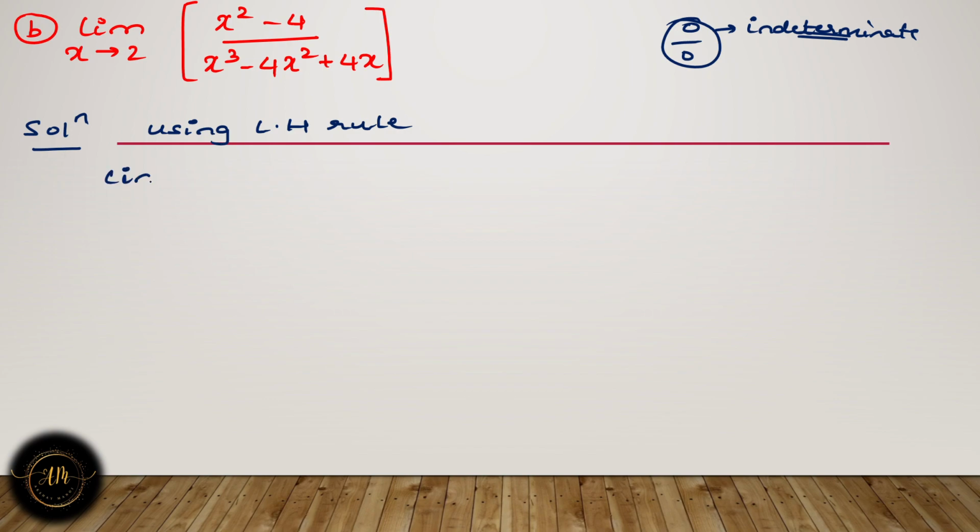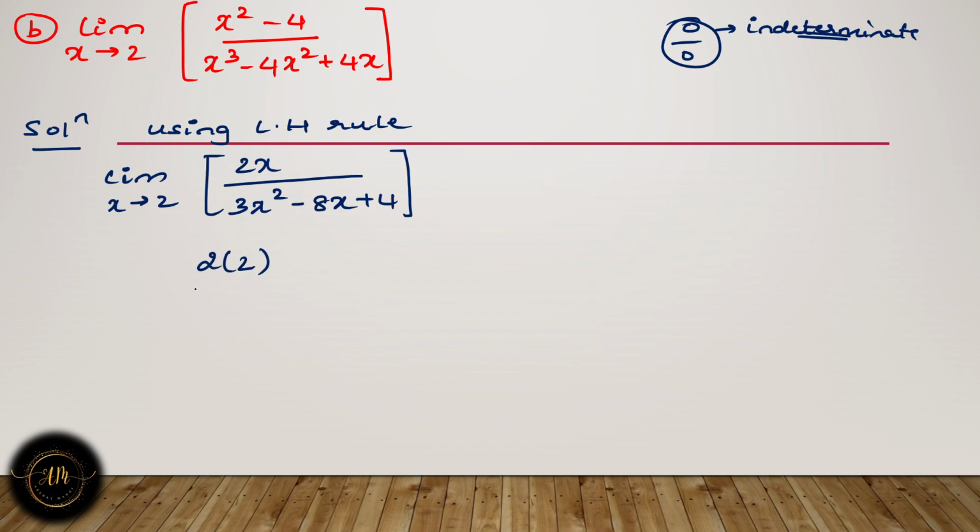So limit as x tends to 2. What is the numerator differentiation? x square will become 2x, minus 4 will get ignored, I mean it becomes 0. x cube will become 3x square, minus 4 into 2 is 8x, plus 4. This is the differentiation of the denominator. Now substitute the value: 2 into 2 divided by 3 into 2 square minus 8 into 2 plus 4.